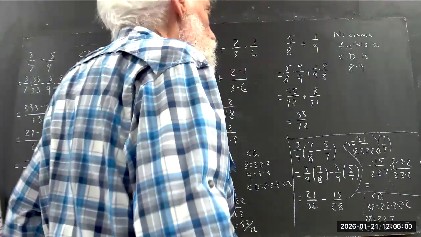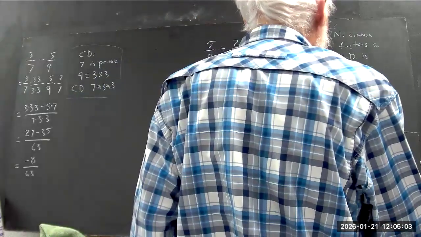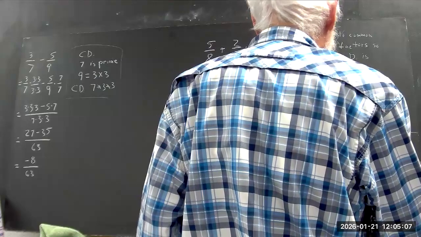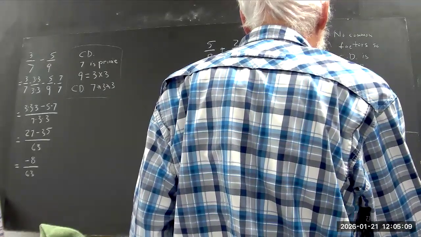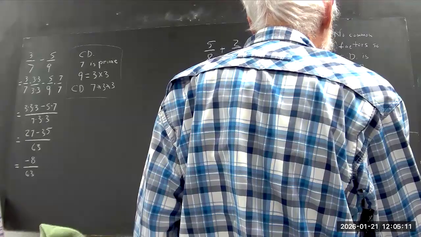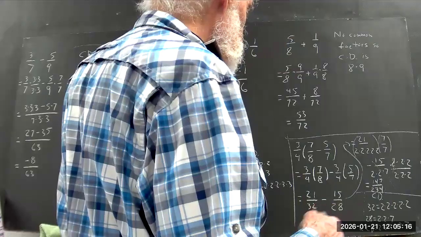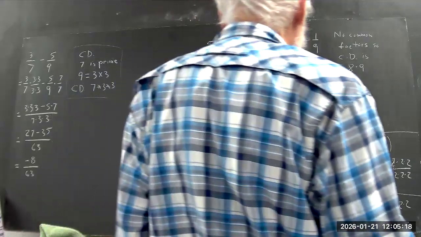Now this is going to come out 147 over 224, I think. Double check that. 7 times 32, that's 224.